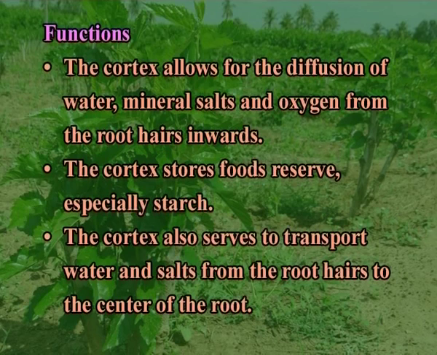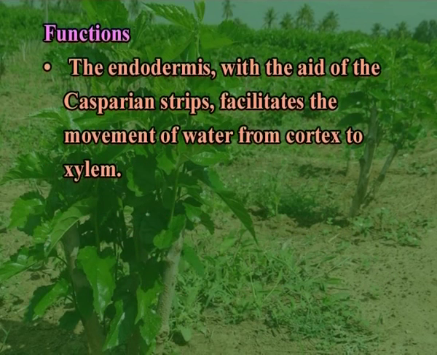In addition, the cortex stores food, especially starch. The cortex also serves to transport the water and salts from the root hairs to the center of the root. The endodermis, with the aid of the Casparian strips, facilitates the movement of water from cortex to xylem.